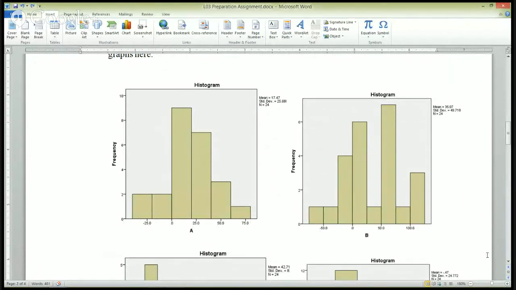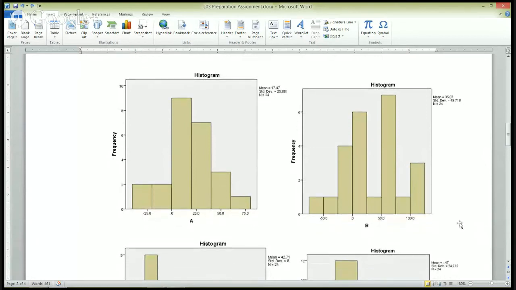I would say B because it's still kind of bell-shaped, but the frequency looks like it happens more often. I don't know, because you also want to take into account the standard deviation, and for B that's a huge standard deviation.